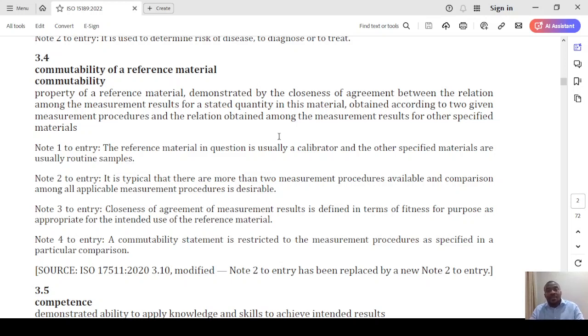So it can be two matrices, it can be two equipment that are doing the same test. Commutability is just talking about closeness of agreement between two measurements.